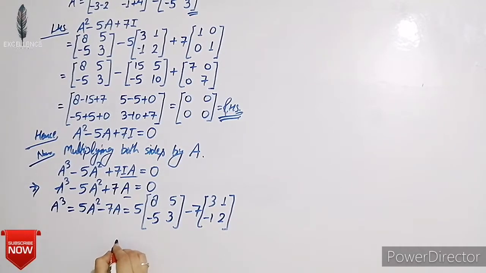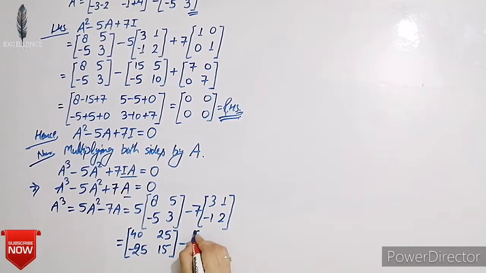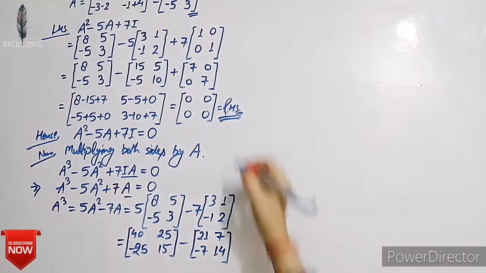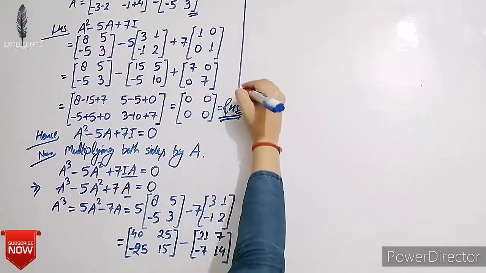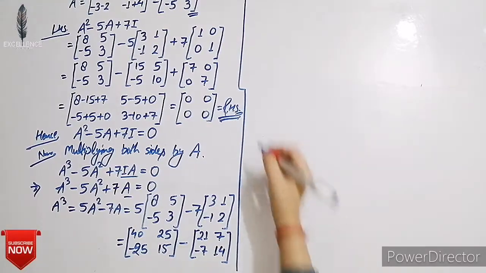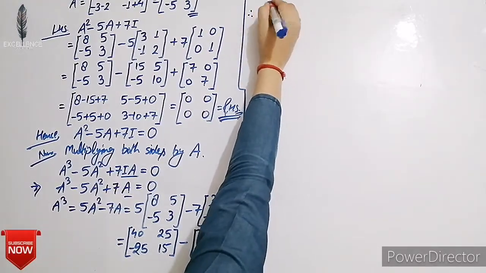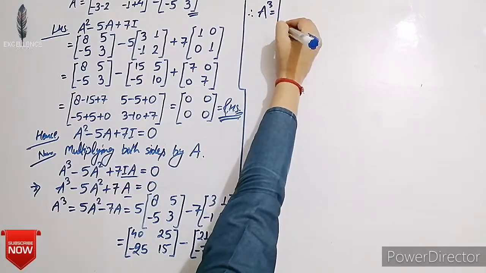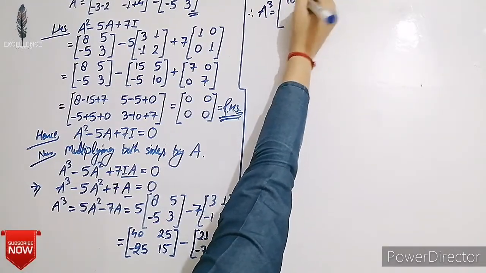On simplifying we have 40, minus 25, 25, 15, minus 7 times 3 is 21. Here 7, it's minus 7, and it's 14. On subtracting the corresponding elements, we get A cube is equal to 40 minus 21.